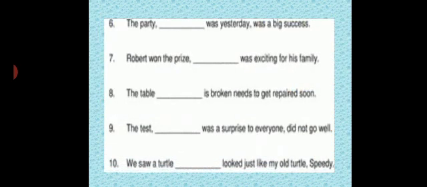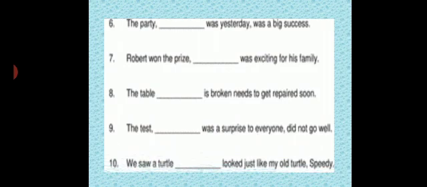Now, the remaining 5 sentences, let's see. Sentence number 6. The party dash was yesterday was a big success. Number 7. Robert won the prize dash was exciting for his family. Number 8. The table dash is broken, needs to get repaired soon.